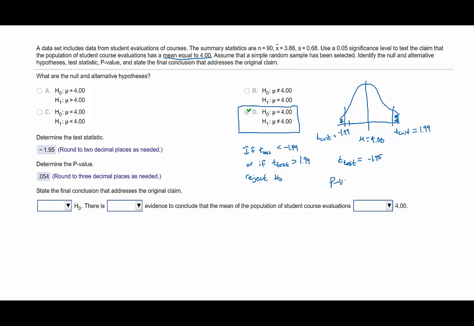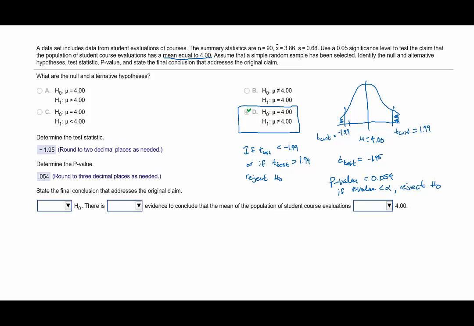We found the p-value to be 0.054. Remember that if the p-value is less than alpha, we should reject the null hypothesis.